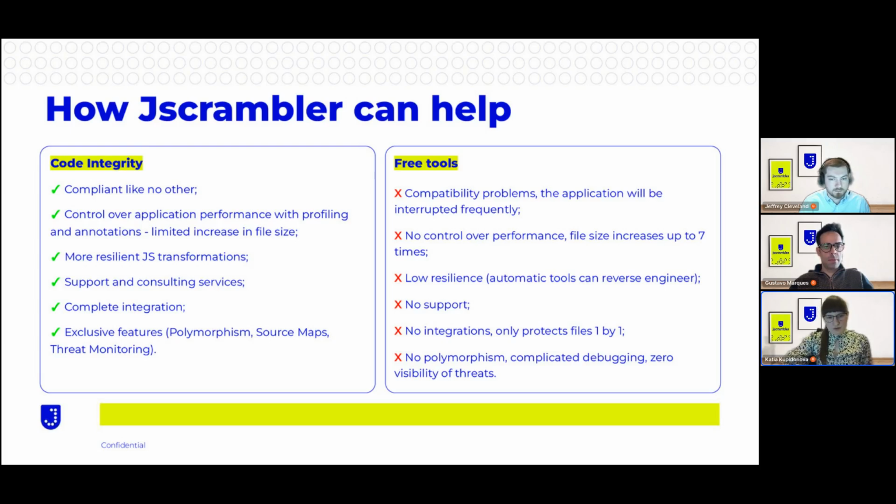With Jscrambler's polymorphic obfuscation, code locks, and runtime protections, attackers can't easily reverse engineer, debug, and tamper with your code. In addition to making the obfuscated code unreadable to humans, Jscrambler also makes it very resilient, meaning it would be very difficult for a machine to reverse engineer. And we touched upon it earlier.